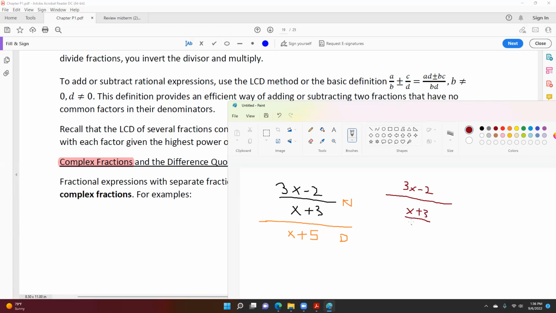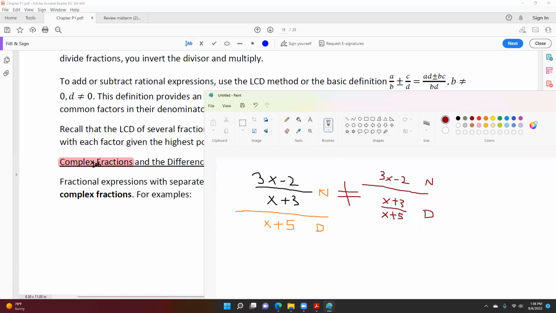If I write it this way, then this is not the same as the example that we just used here, because your numerator here is just 3x minus 2, but your denominator is x plus 3 over x plus 5. It's different. So these two are not the same, but they are both called complex fractions.